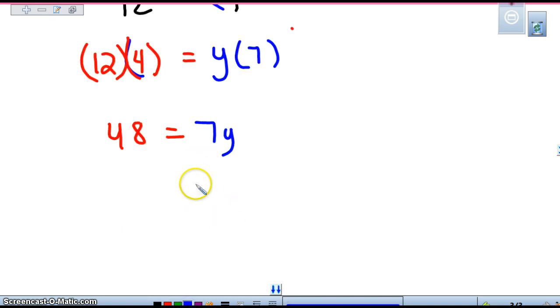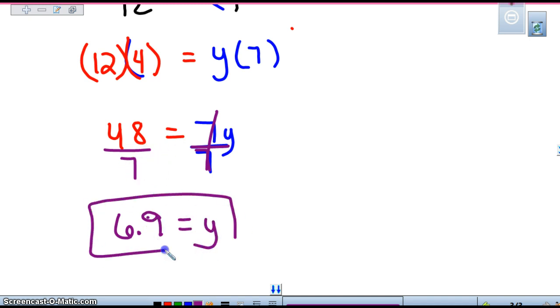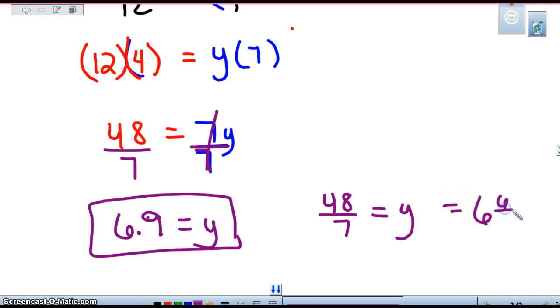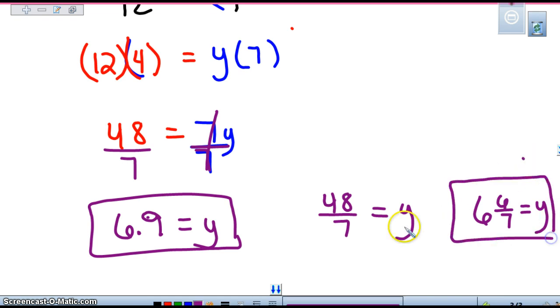And we can solve this by dividing by 7 on both sides. 48 divided by 7 would be 6.9, if we round it, equal to y. Could we also have a fraction though? We can leave it at 48 over 7 equal to y, or we can have 6 and 6/7 equals y. All of these equal the same thing.